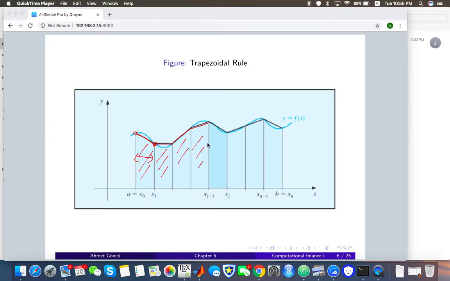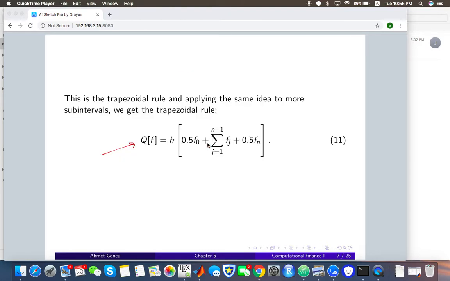For all the points in between A and B, we are counting these function values, f of x1, f of x2, all the way to f of x n minus 1. These are counted in two adjacent, or two consecutive, trapezoids. So in other words, the coefficient for all the terms in between is going to be 1, but for the first and the last terms, this is going to be 1/2.